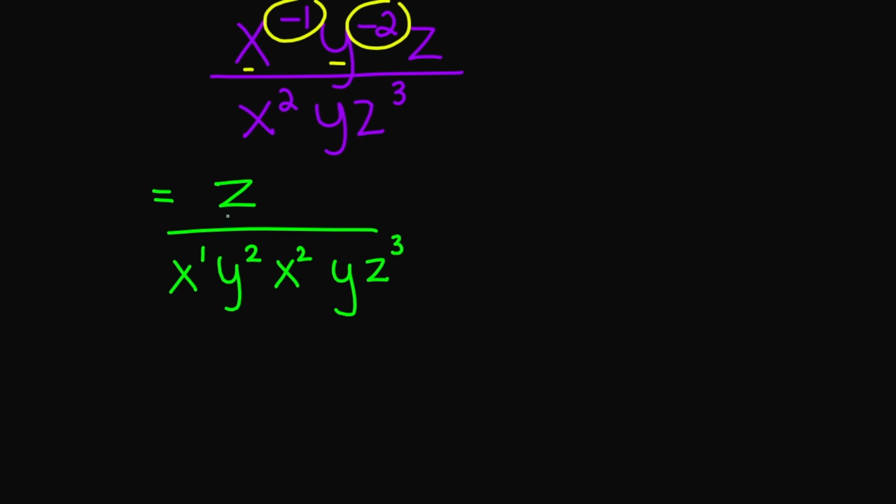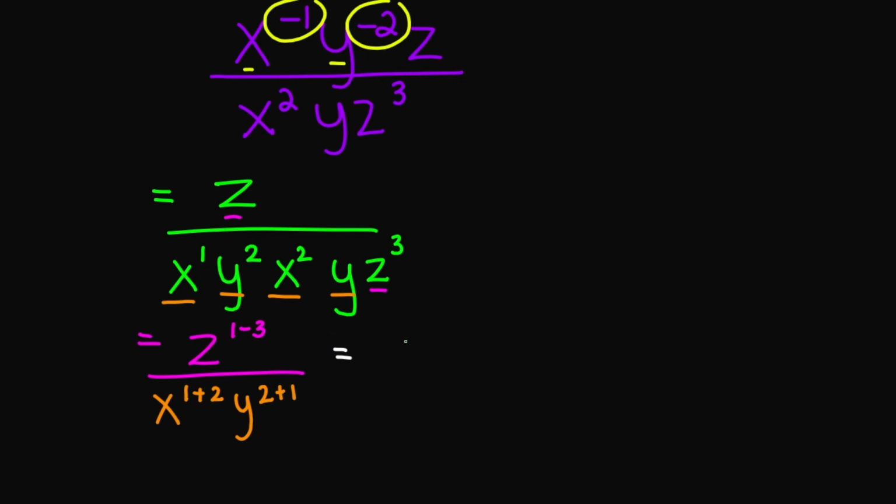Since I am dividing with the same base, I'm going to subtract my exponents. So this is going to be z to the 1 minus 3 over, and here I am multiplying with the same base, so I'm going to add my exponents in my denominator. So we're going to get x to the 1 plus 2 times y to the 2 plus 1.